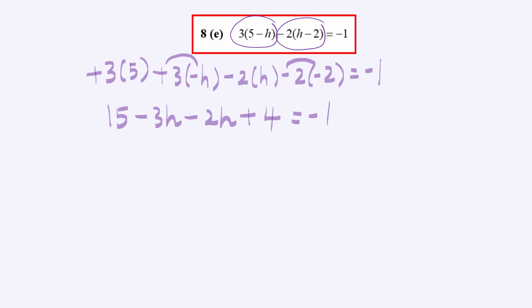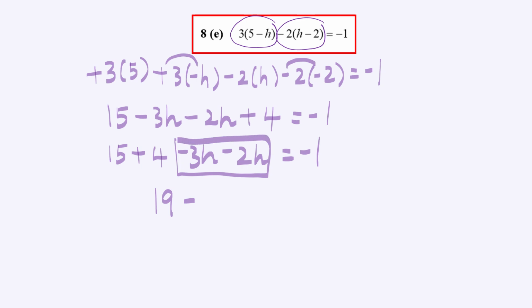Right, and let's simplify further. I would put all the like terms together. 15 plus 4 minus 3h minus 2h equals negative 1. And I would have 15 plus 4, 19, minus 5h.